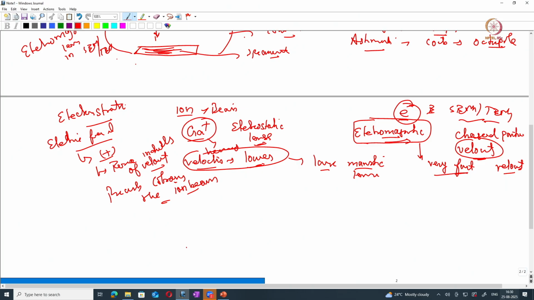So the electromagnetic lens can be effectively used to precisely control the focusing of electrons, but not in the case of ion beam where we use electrostatic lenses, correct?